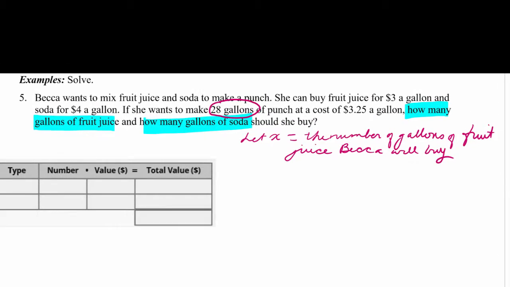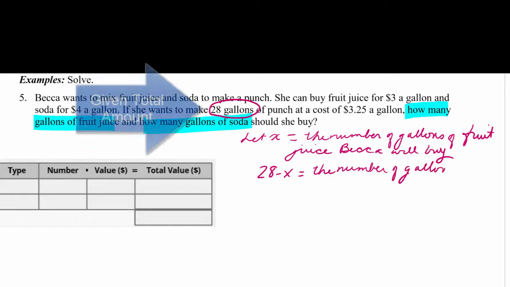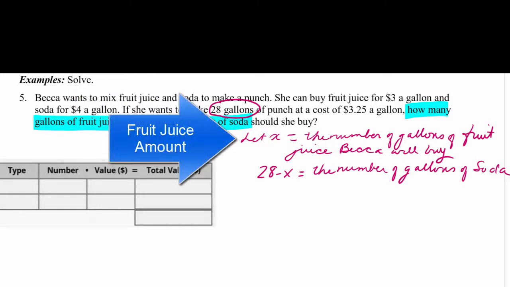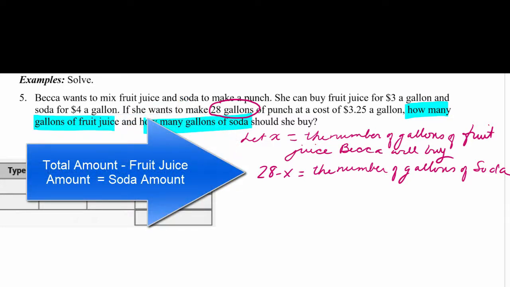So then that means that 28 minus X will represent the number of gallons of soda that Becca will buy. So again, you knew the total was 28 gallons, fruit juice added to soda. If X amount of that is fruit juice, then subtract that away from the 28, giving 28 minus X to represent the number of gallons of soda.